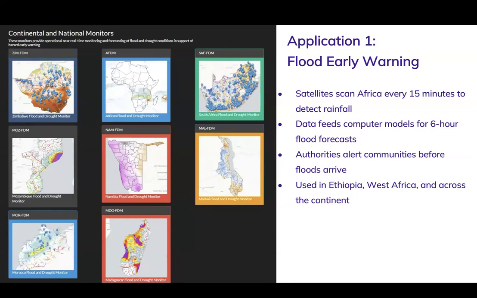The South African National Space Agency also monitors water, rain levels, floods and droughts. And then we have similar in Mozambique, in Namibia, in Malawi, in Morocco, and Madagascar.